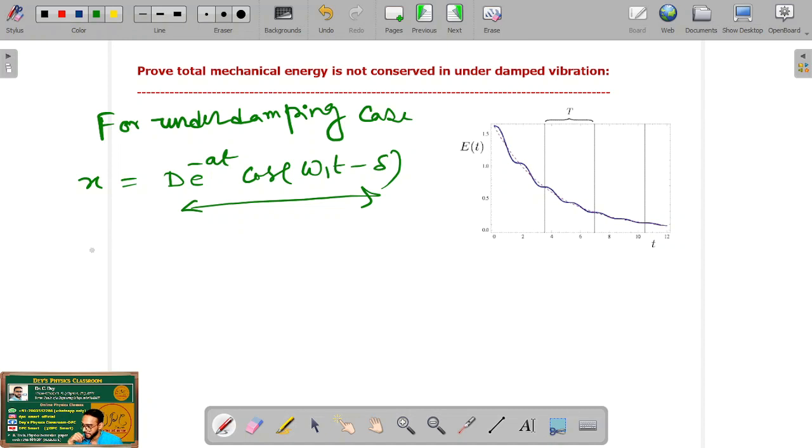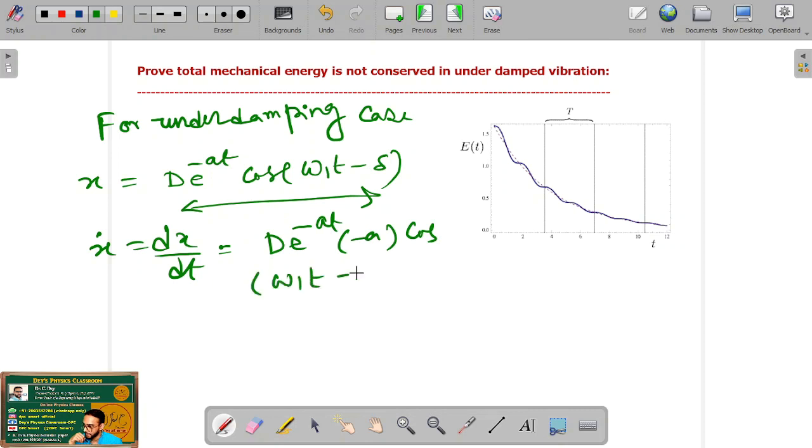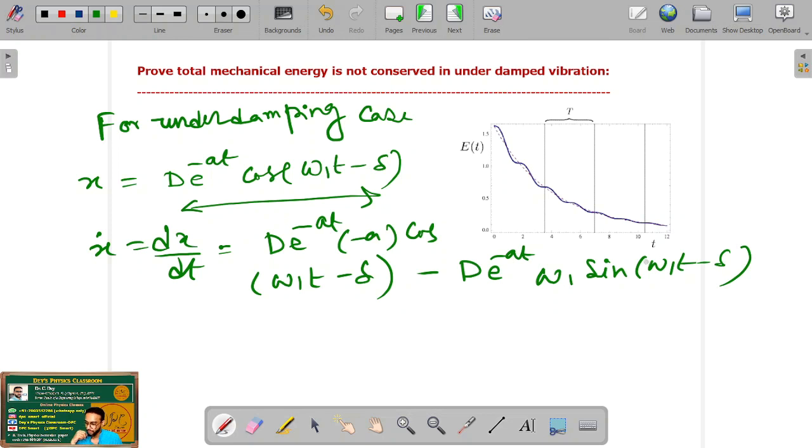So from here we get the velocity term x dot equals dx dt, which equals d e to the power of minus at into minus a cos of omega 1 t minus delta, minus d e to the power of minus at into omega 1 sine of omega 1 t minus delta. So we get two terms for the velocity part.